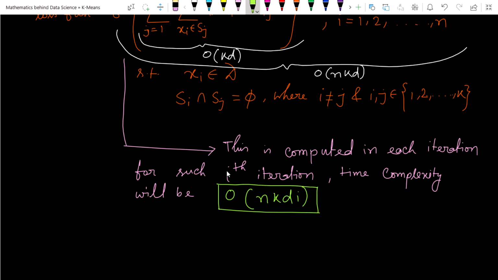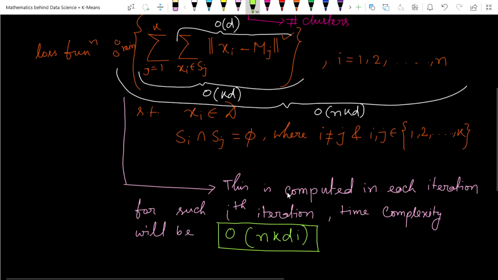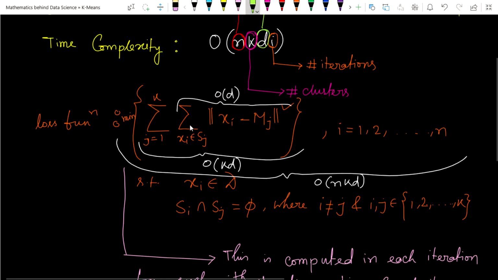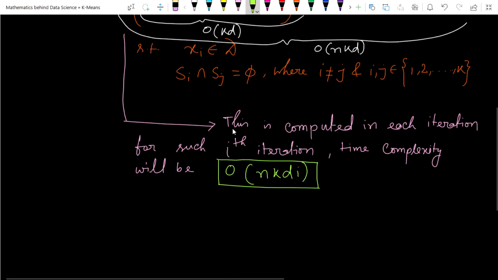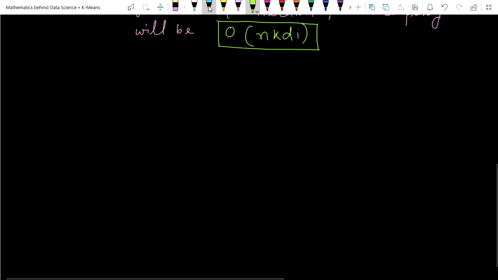If we run up to i iterations, then this time is taken i times. I think you got the idea of how this complexity has come. Now let's come to the space complexity.